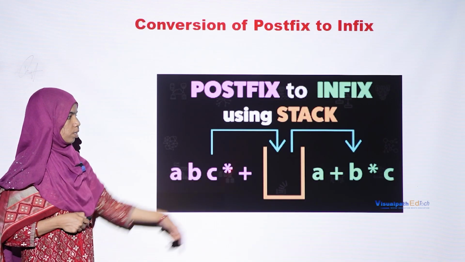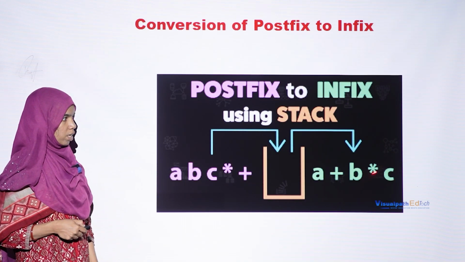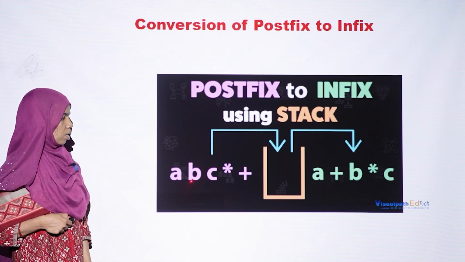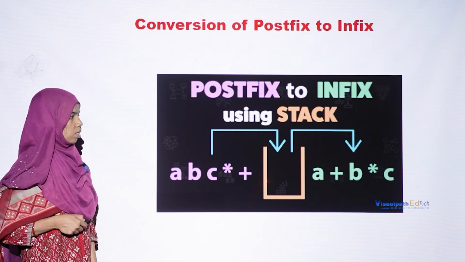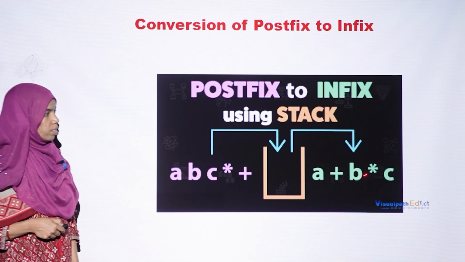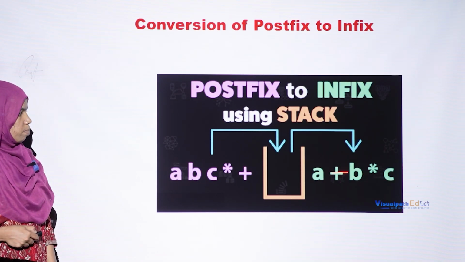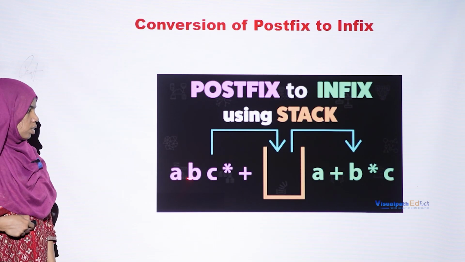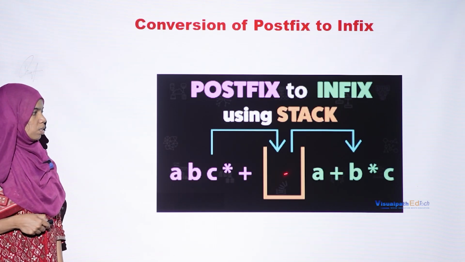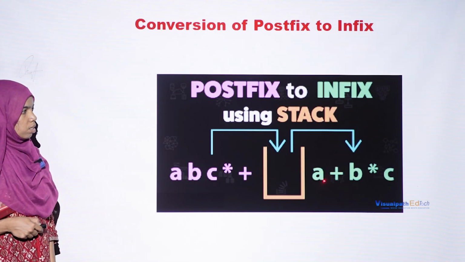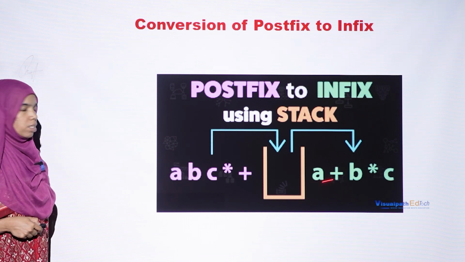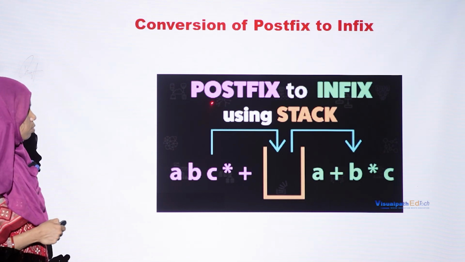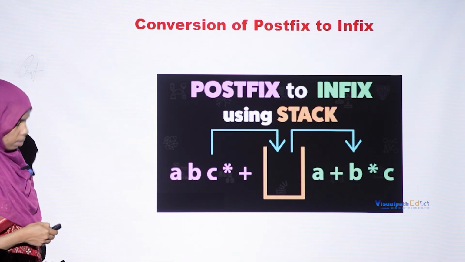So multiplication came out from the stack and was fixed beside C. As you encountered the next operand B, you affix it directly to the infix expression. Next, as we have not encountered any operators, we pop out the plus, which is fixed there, and finally the leftover operand came. So this is the conversion for postfix to infix.